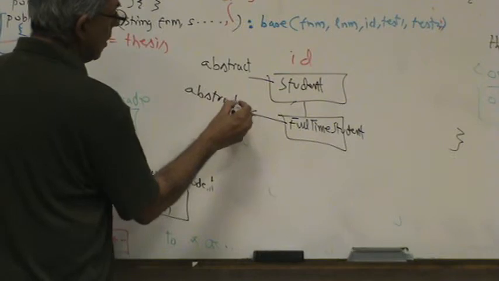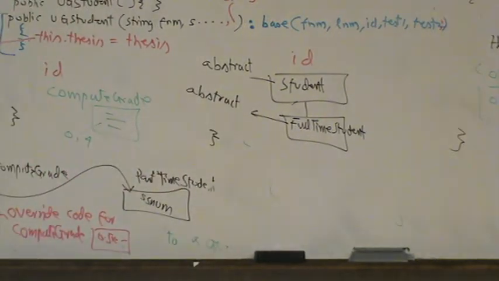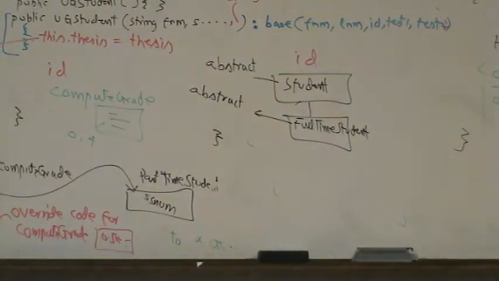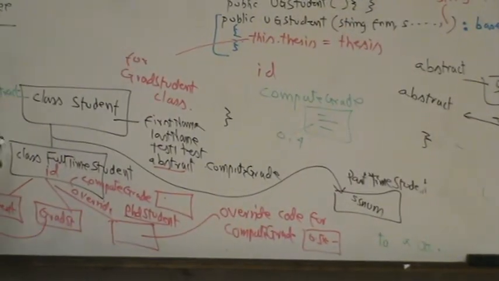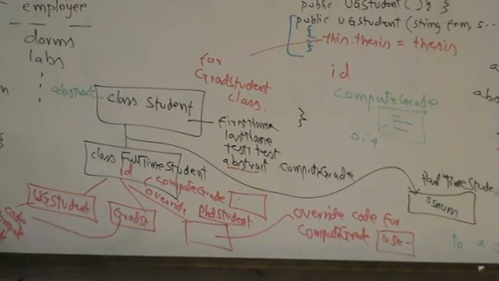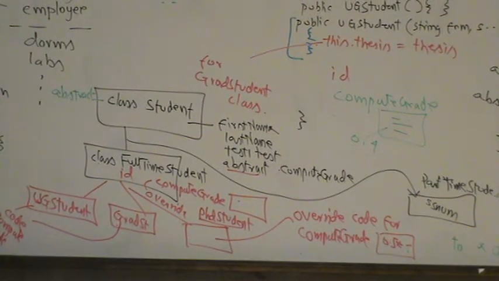Reason is because of the real entities that exist in the real world, there's no such thing as a full-time student. Even if you ask some student, they'll say, I'm an undergraduate student or I'm a grad student. So because it's just our own classification, you will mark it as abstract to prevent anybody from creating an object of full-time student.